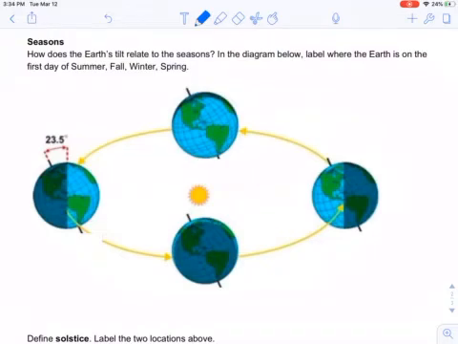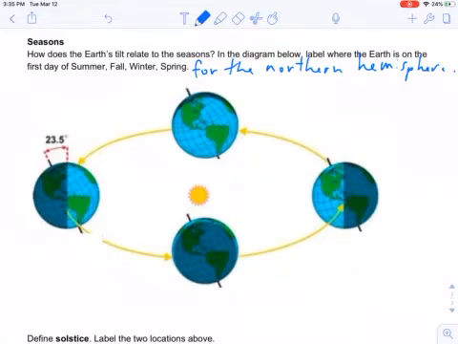I should specify here, on the first day of summer for the northern hemisphere, because the seasons are flipped between the northern and southern hemisphere. When we have our winter, they have their summer, and vice versa.